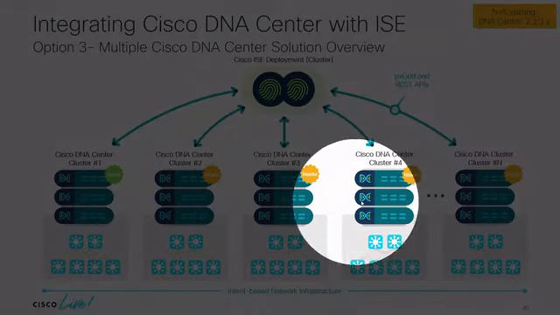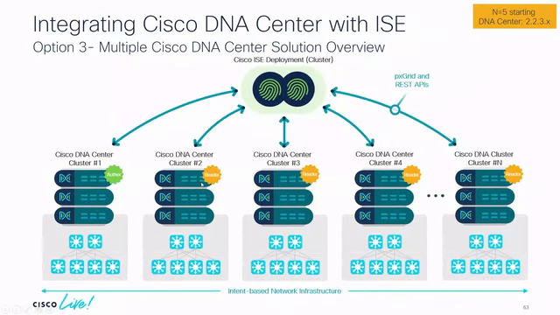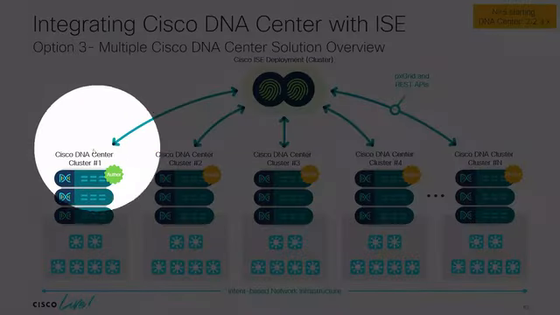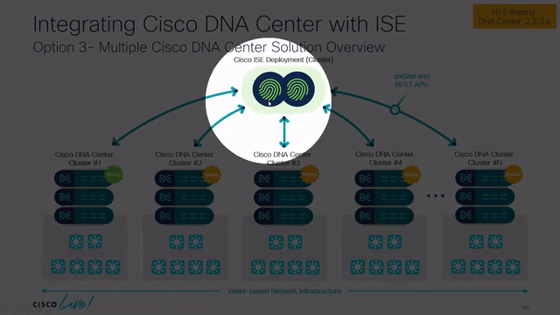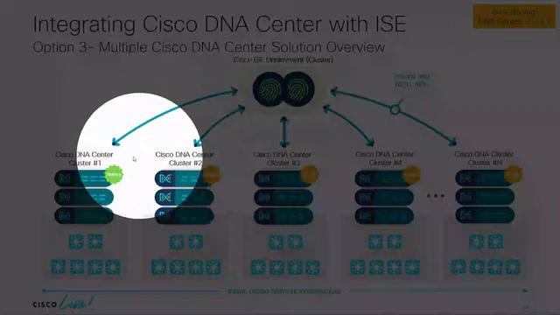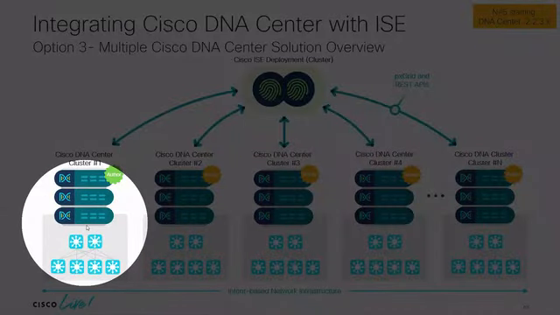What you see here is something called an author and a reader node. What we mean by that is the first cluster, whichever cluster integrates with ISE, can be a brownfield cluster, which means you can have user-defined VNs, user-defined policies, user-defined SGTs. This is the only cluster which can be a brownfield cluster.